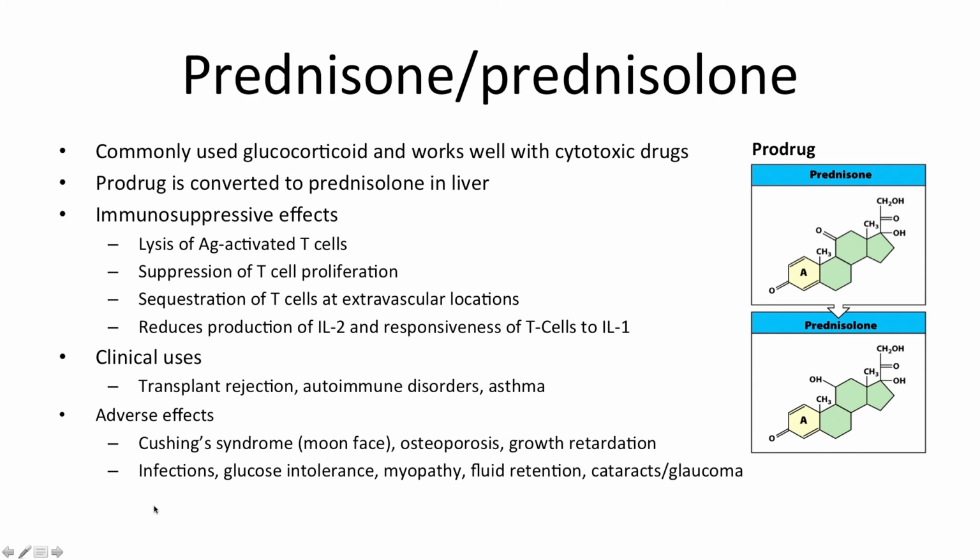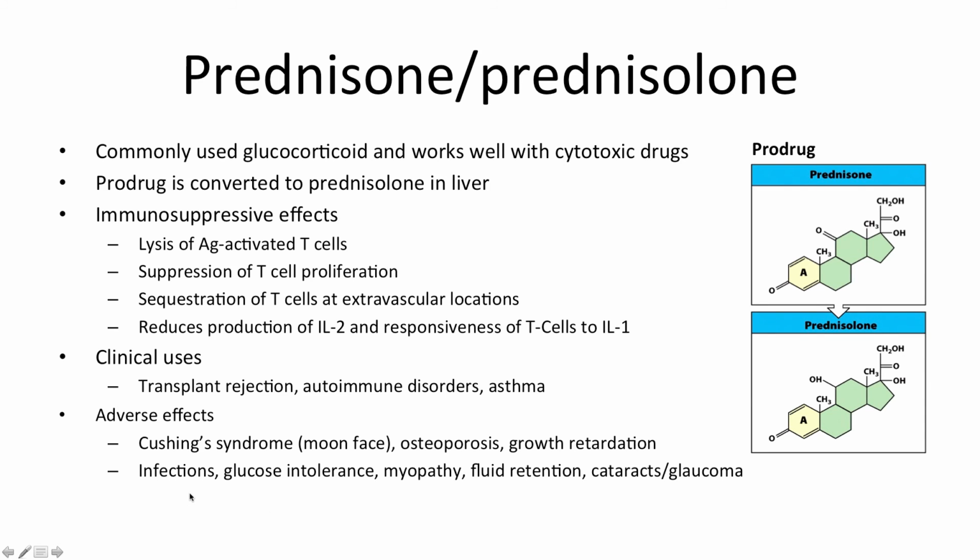And the major side effect of prednisone is Cushing's syndrome. So basically it is disproportional distribution of fat on the patient's body, including moon face, a really round face, osteoporosis, growth retardation in pediatric patients.